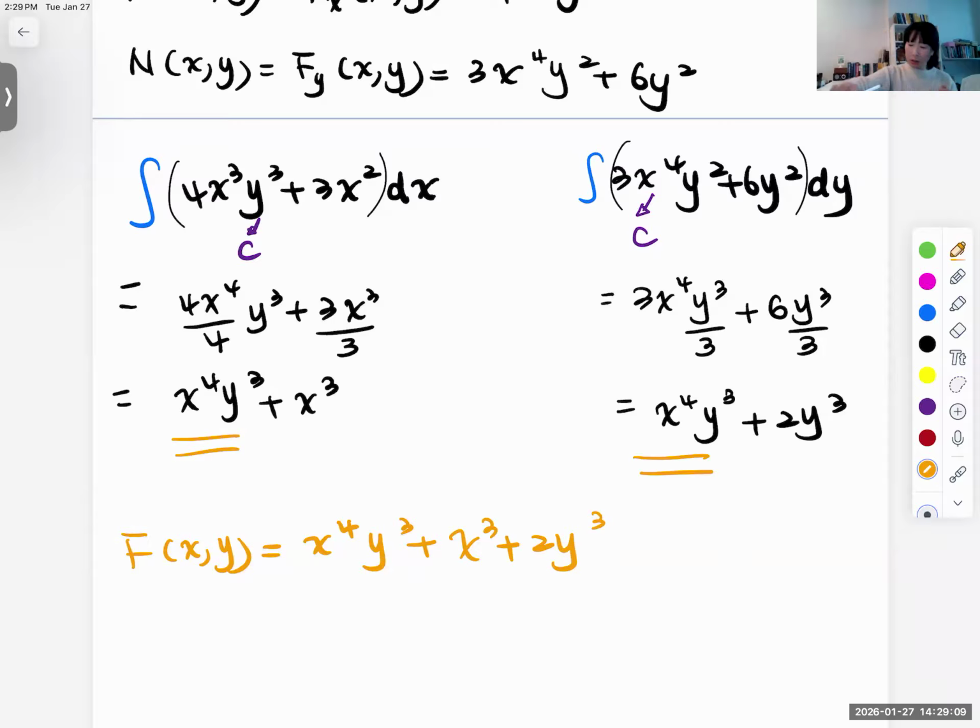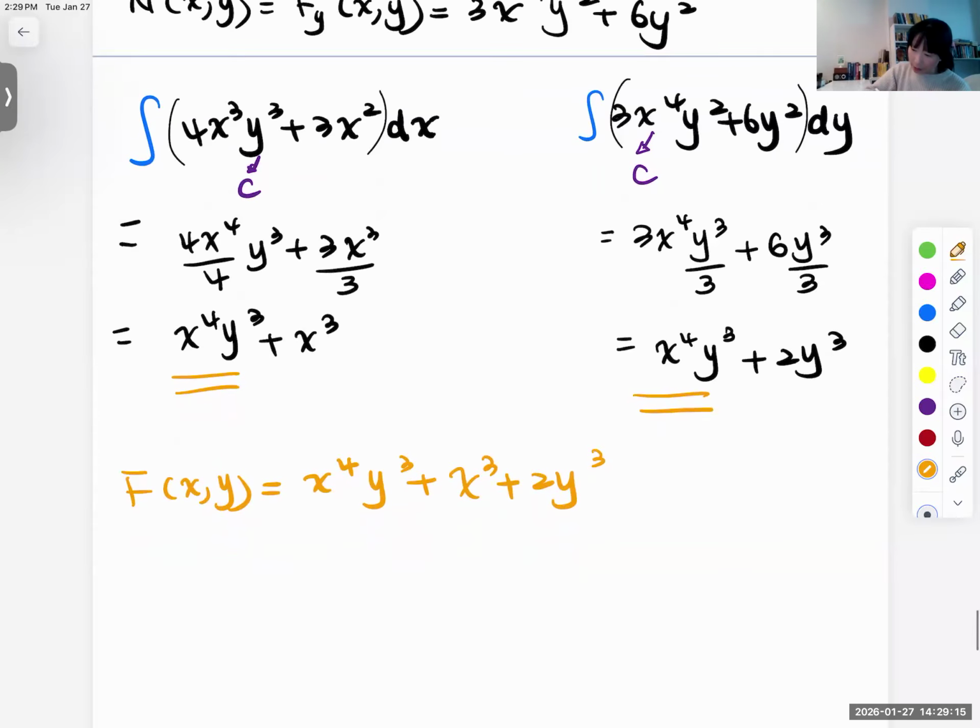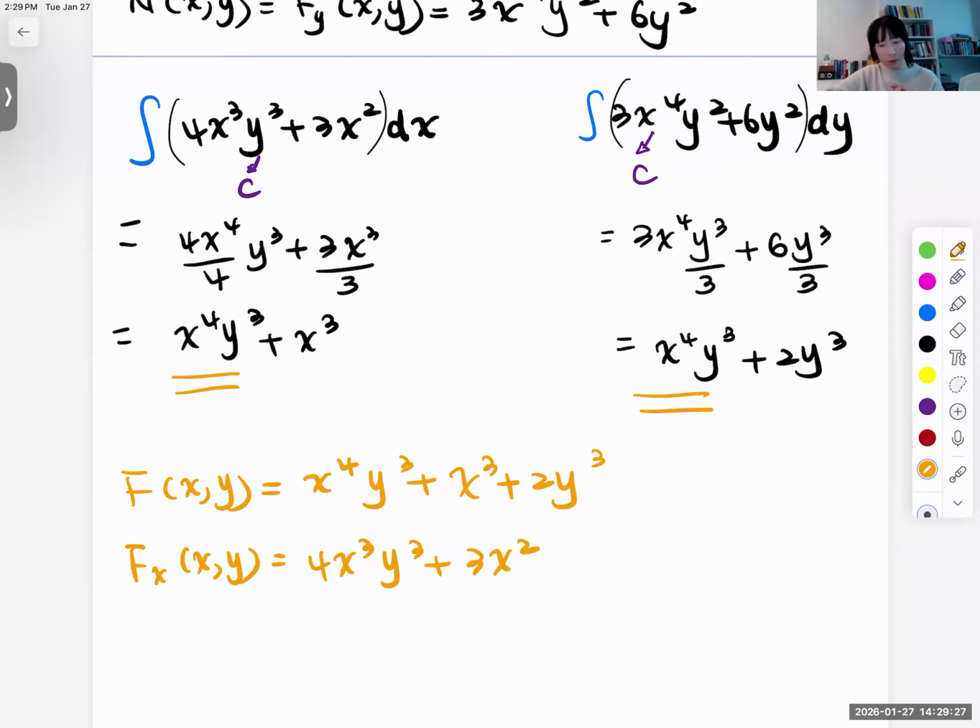Check it out. All right, so partial derivative with respect to x. Okay, 4x to the third, y to the third, plus 3x to the second. Yeah, match? Yes, right? How about partial derivative with respect to y?